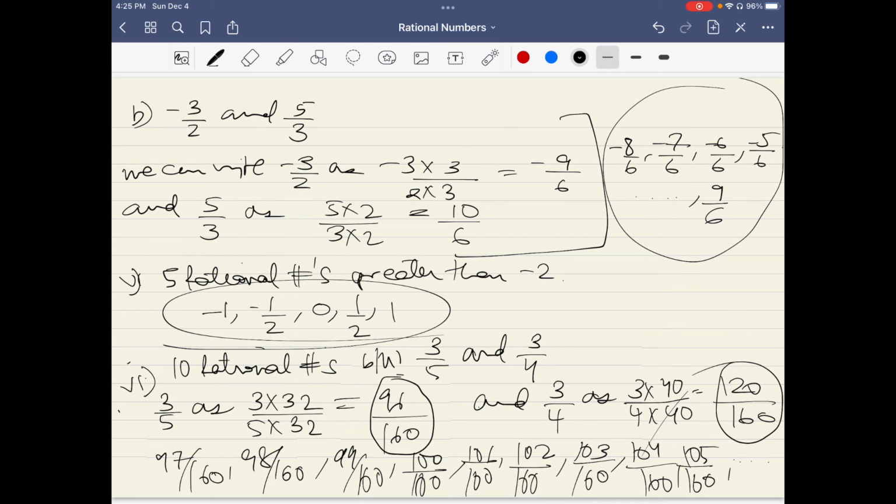So you can pick any 10 rational numbers between 96 over 160 and 120 over 160, and those will be the rational numbers between 3 over 5 and 3 over 4.